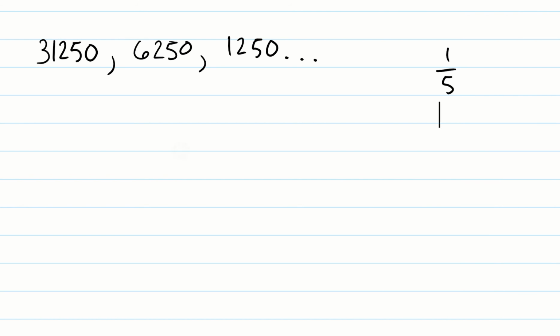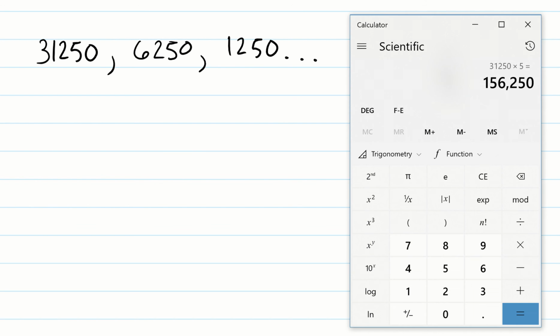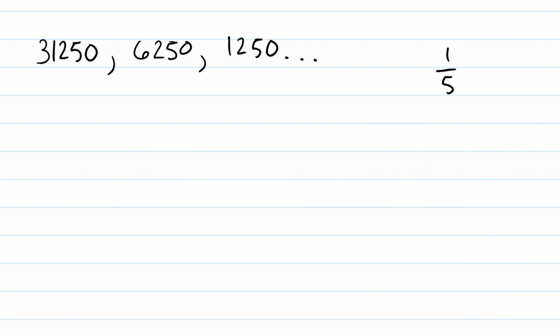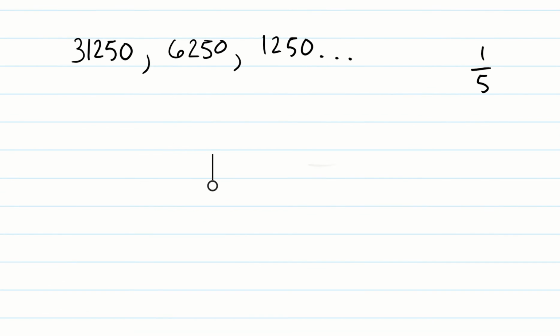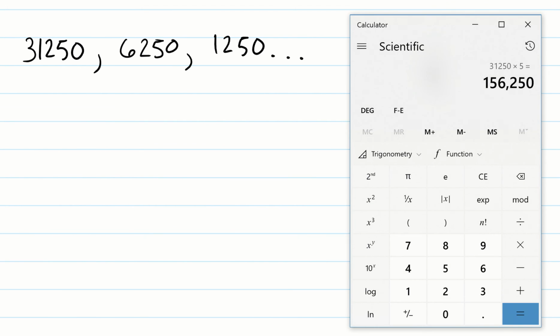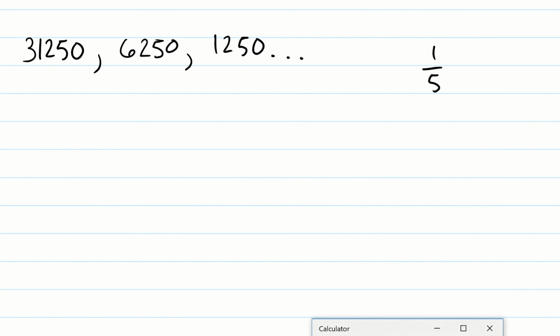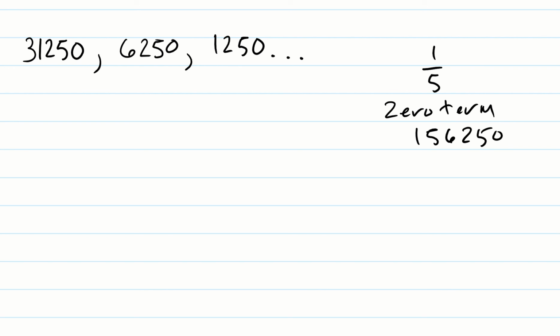So I know my 0th term now is 156,250. And this is my common ratio. And again, we find that common ratio by taking any term and dividing by the previous term.